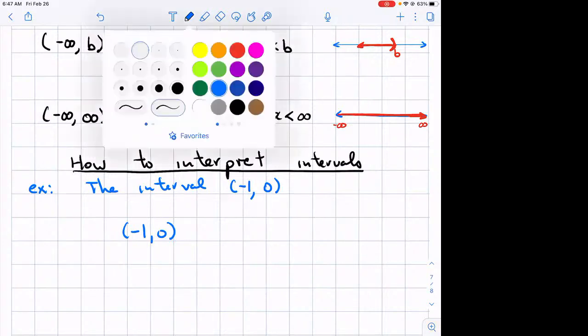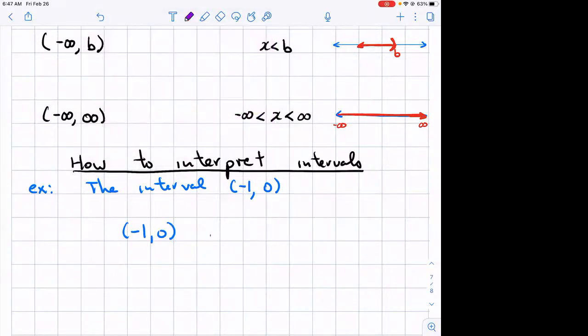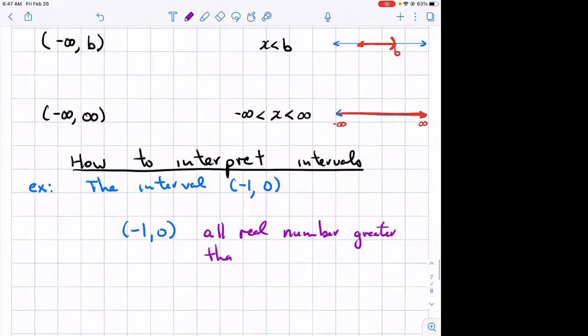So here we're looking at all real numbers greater than -1 and less than 0.